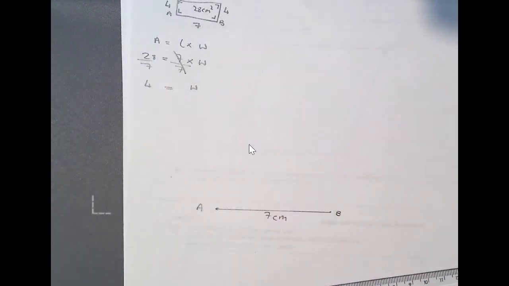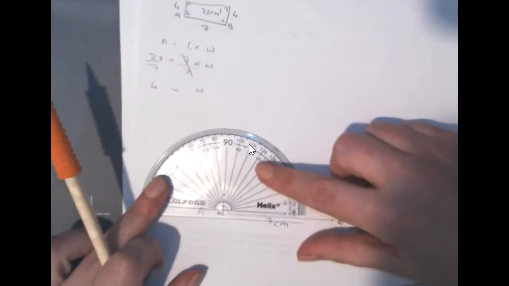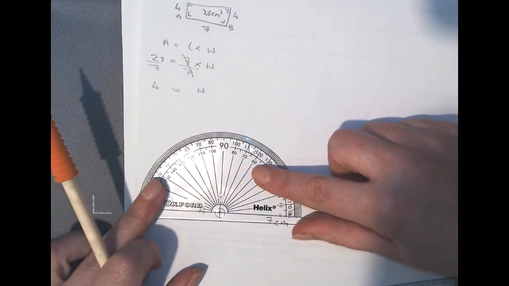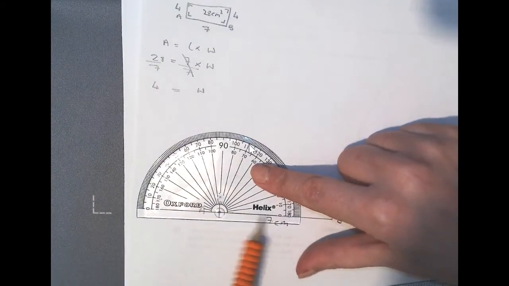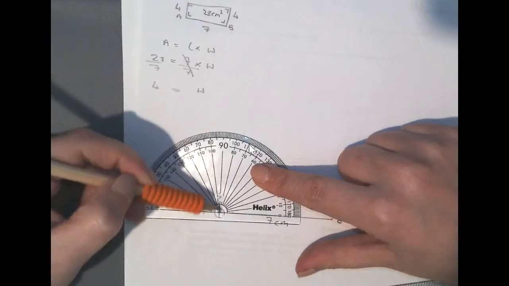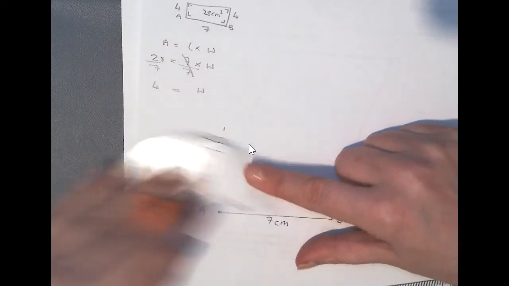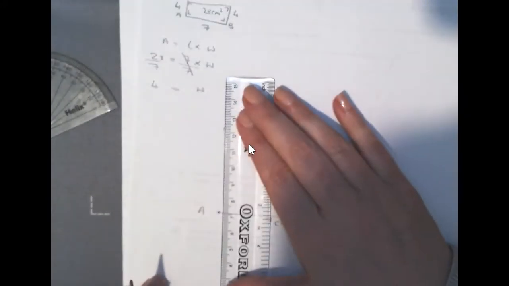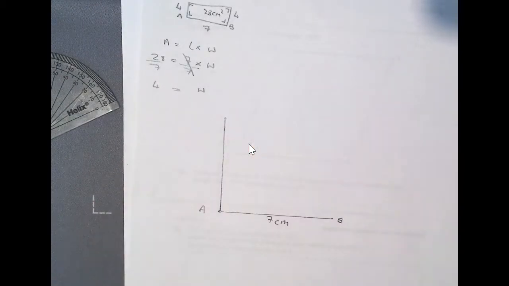The next thing I'm going to put in now is one of these right angles. So I'll get my protractor. Let me measure a right angle. Again, like we've been doing with the other constructions, the base of my rectangle is now flush with this line on my protractor. Crosshairs are at the point A, so that my right angle ends up being a right angle at the point A. Okay, and you come up from here. So there's your right angle already put in.